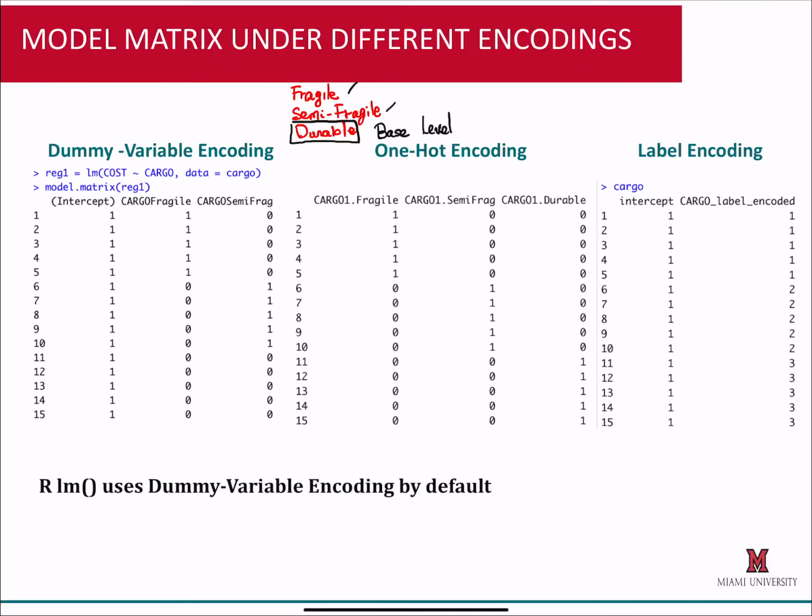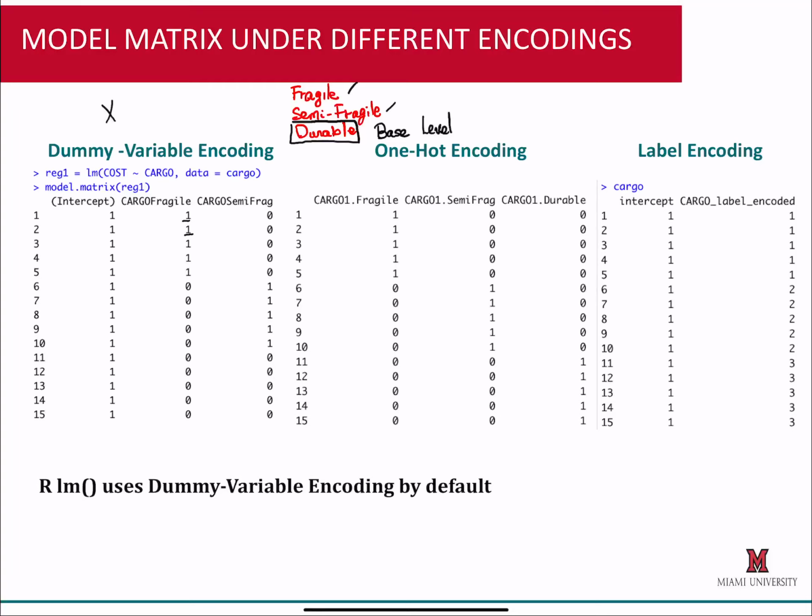So the model matrix, the way that it would look like, remember the model matrix X is an n by k plus 1 matrix, with the first column being a column of ones. So the way that it would work is that we would have dummy variables for fragile. So this would mean that the first observation is a fragile package.